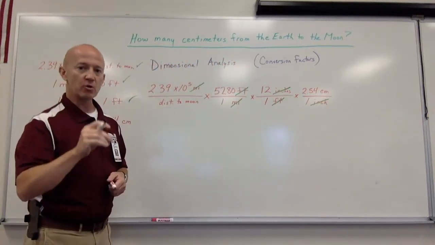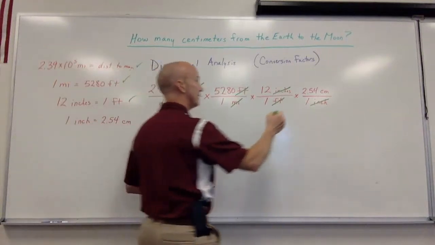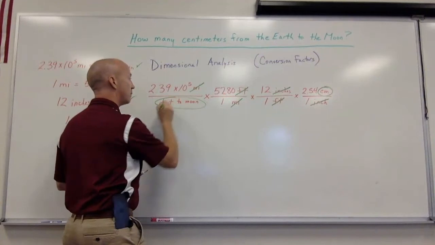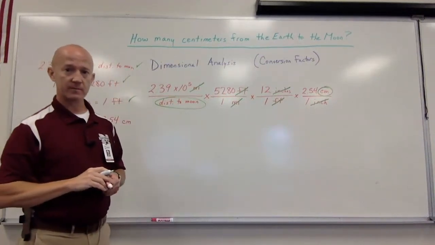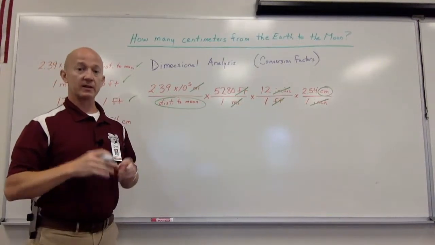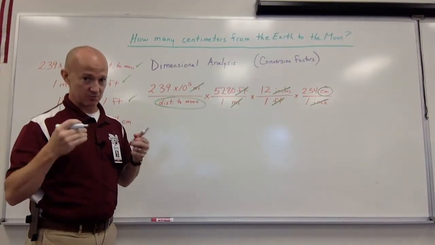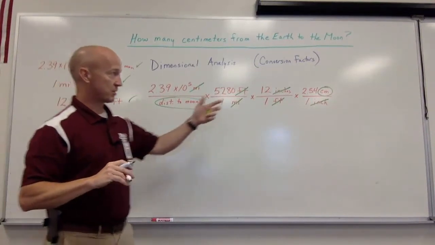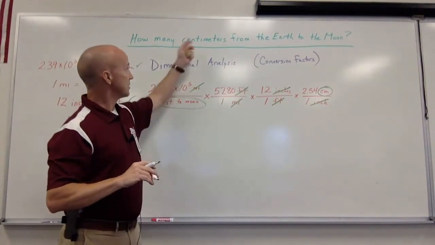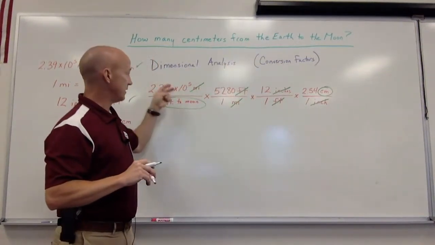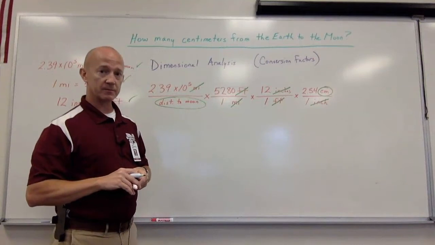And look what units we're left with. Centimeters per distance to moon. Now, do you see how arranging it in this way can help us to know that we're on the right track as far as solving this? Because if we come out with the right units, centimeters for the distance to the moon, then the odds are good that we'll be able to solve this properly.